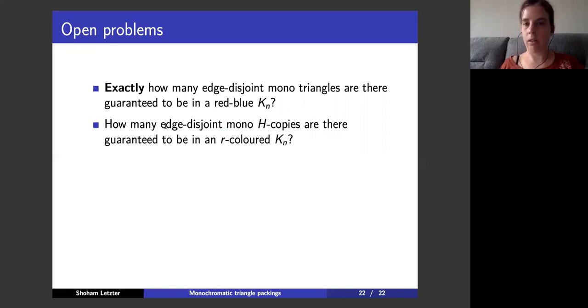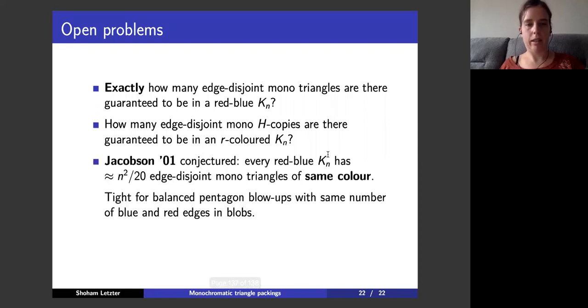So how many edge-disjoint monochromatic copies of H am I guaranteed to find in every r-colored K_n? I would expect this to be hard, but maybe it's not completely impossible for triangles with more colors or something.